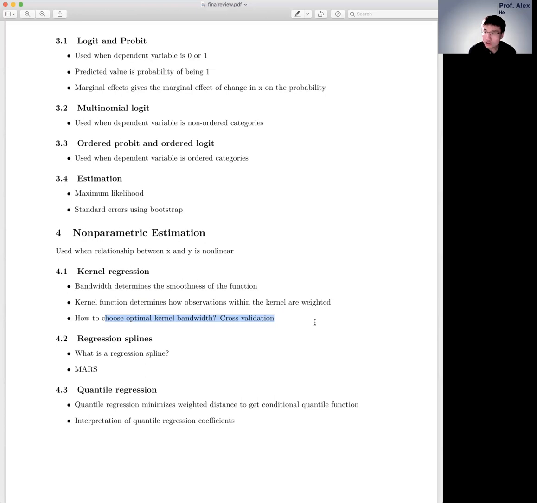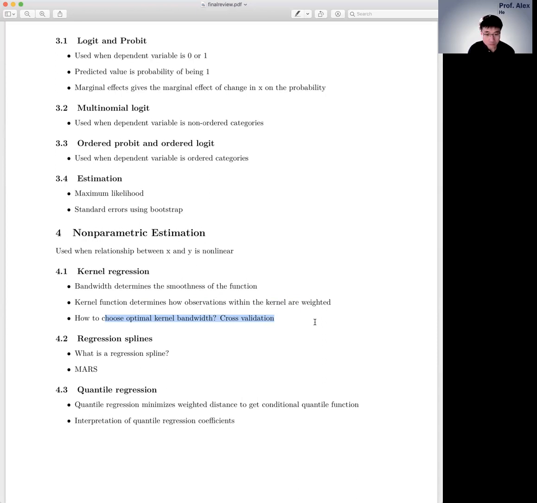And for this part, we'll also talk about the quantile regression, which is estimating a different object, right? So here the object we are estimating is what is the quantile of y instead of the average y or the expected y.